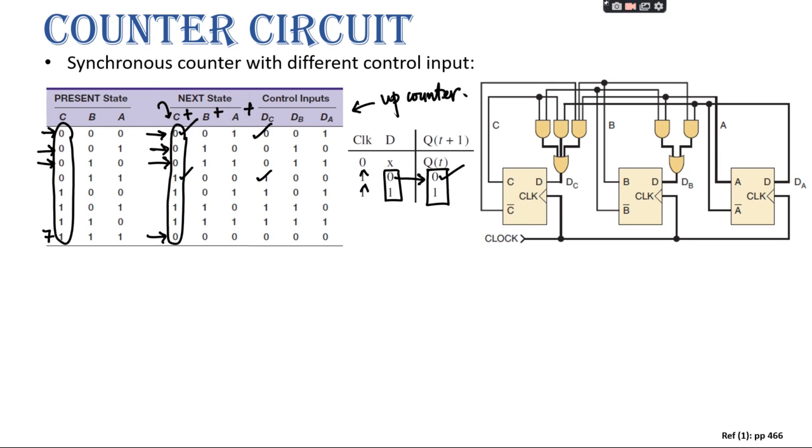Yes, sir. So for D flip-flop, you should be happy that you don't need to compare the present state with the next state. Whatever is in the next state, you can put it as an input, right? So whenever you need 1, you should put 1. Whenever you need 0, you should put 0. You got my point, right?